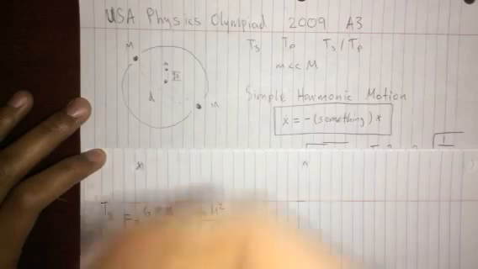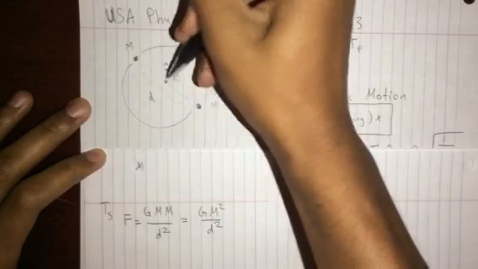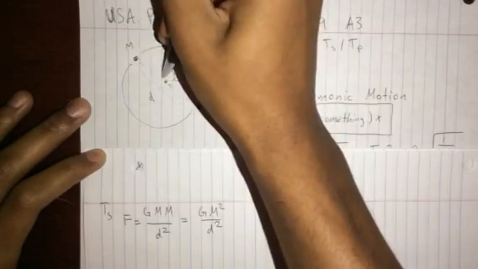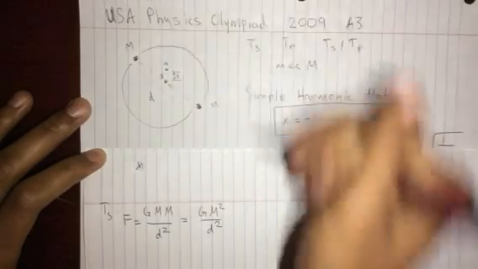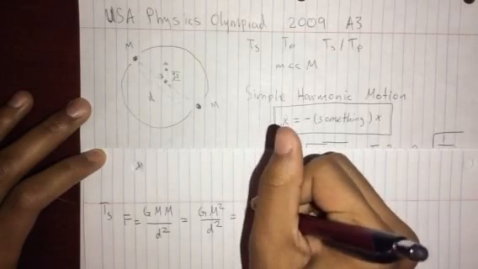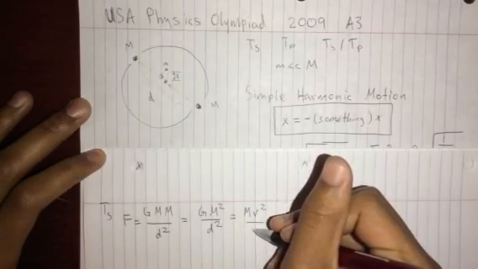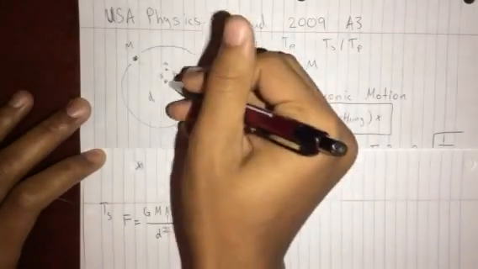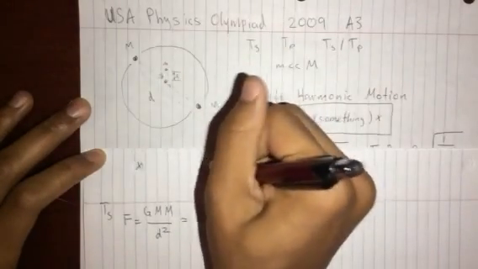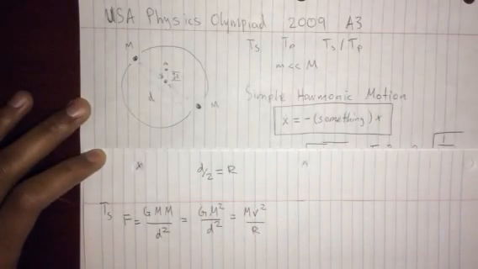Since they're rotating in a circle, there's also a centripetal force pointing like this, and gravity is responsible for that force. At the same time, we know this is M v squared over r. Well, r is d over 2, so let's say d over 2 equals r.